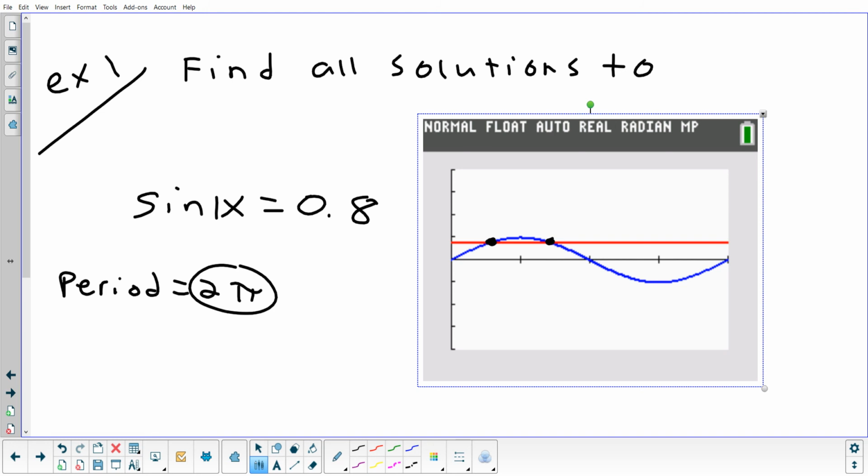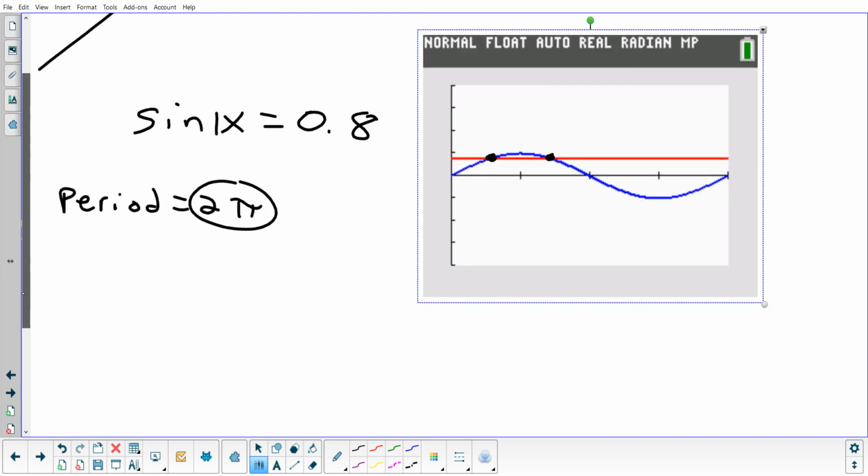First step, find those specific answers, and then go from there. So let's call the answers x1 and x2. And since I put something in y1 and something in y2, I want to calculate where these two graphs, what? What's the calculate that I'm going to use? Yeah. Sarah? Where they intersect.